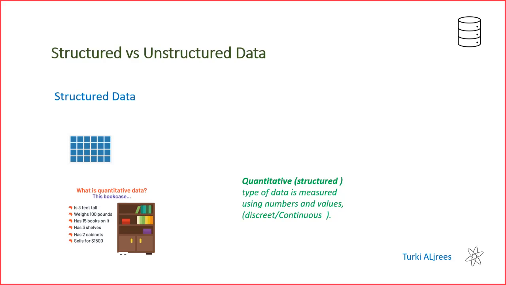That means discrete. Or if I asked what your height is, you could say I am 1 meter and 88 centimeters, so that means continuous. We can also classify the weather as continuous, numeric data. So these data can be analyzed with quantitative methods, and remember, this is structured data.